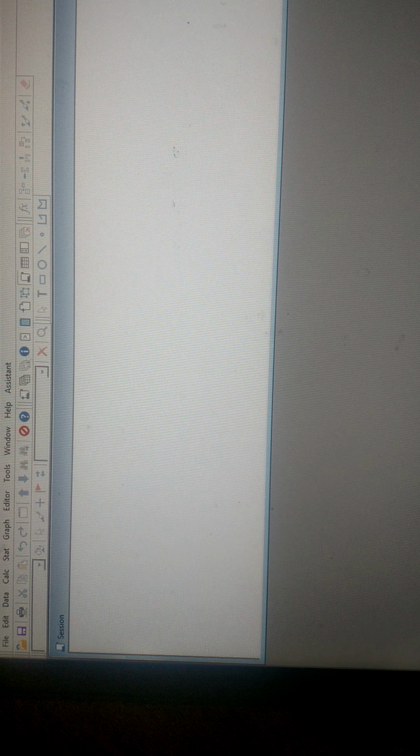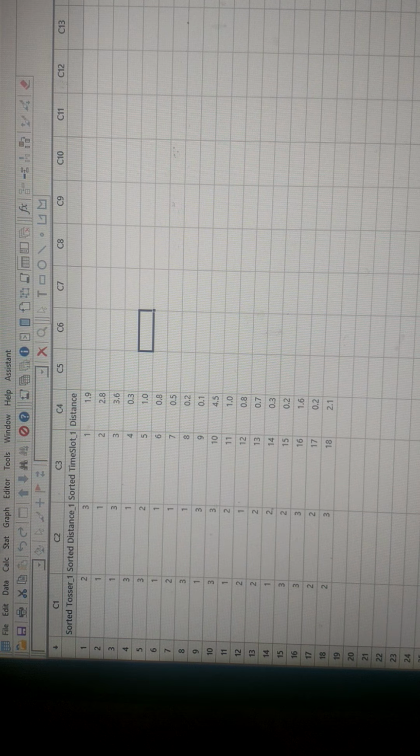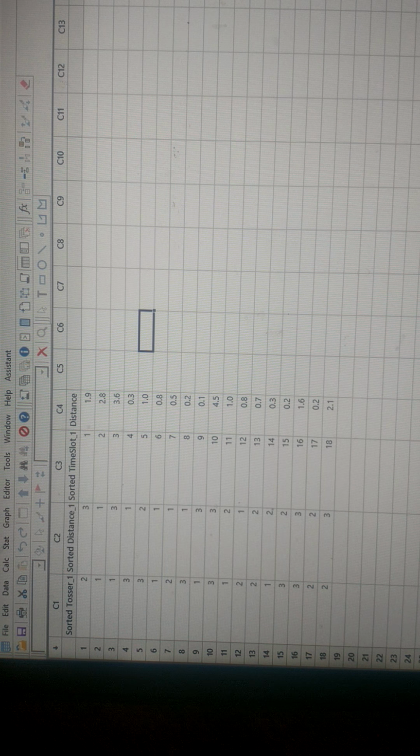I keep doing the wrong one. There we go. So this is a study where I think it was Charlie, Justin, and maybe Cage doing this one, where everybody had 2 throws from each distance.